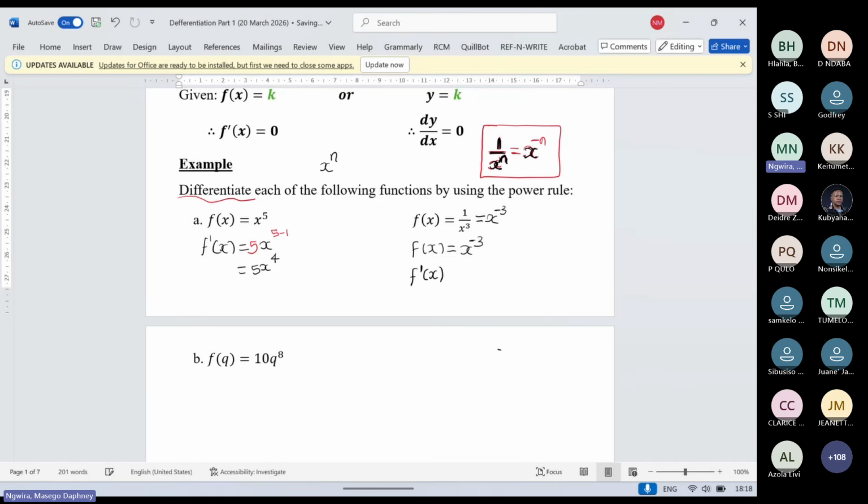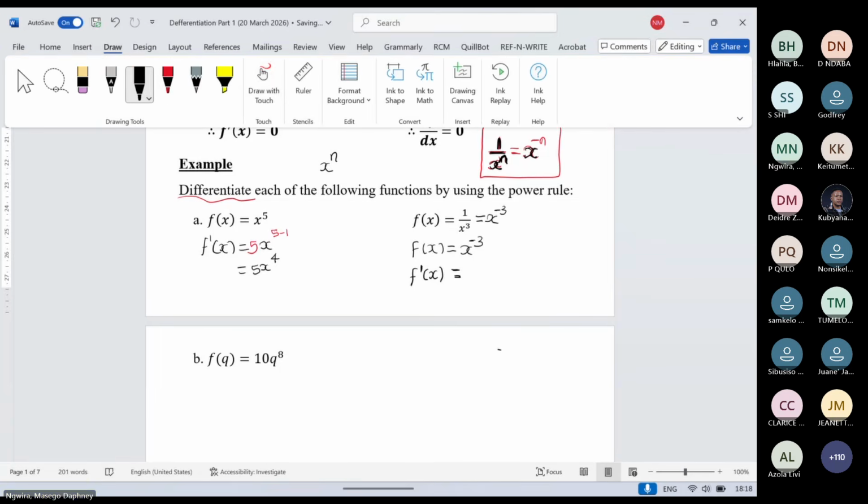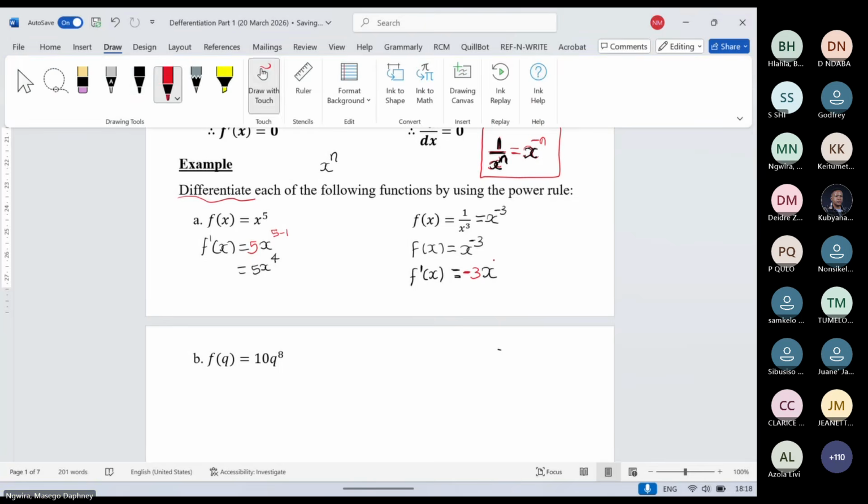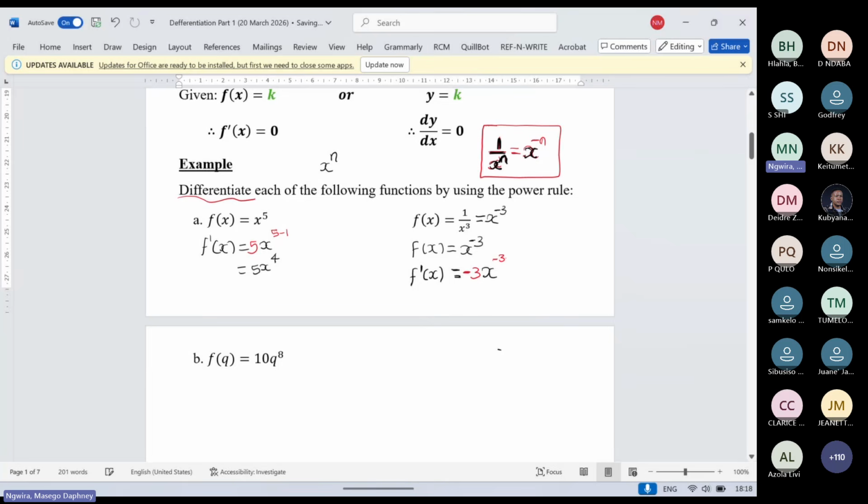So it's f prime x is equals to, when you differentiate, you're going to take this -3, you put it here. That's the rule. So you're going to say -3, and then you write x, and then to the power of this -3 minus 1. That's the rule. -3 minus 1.